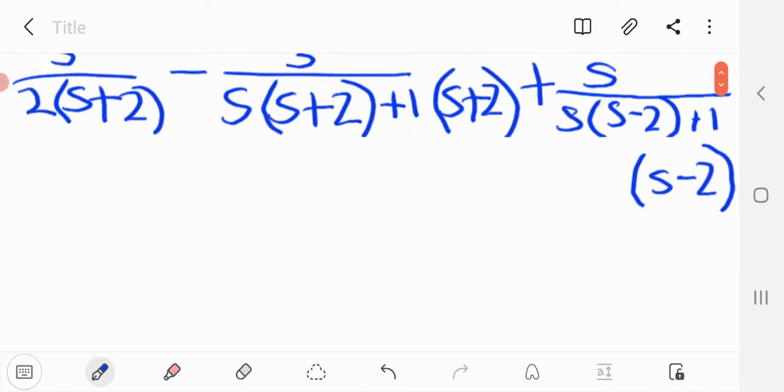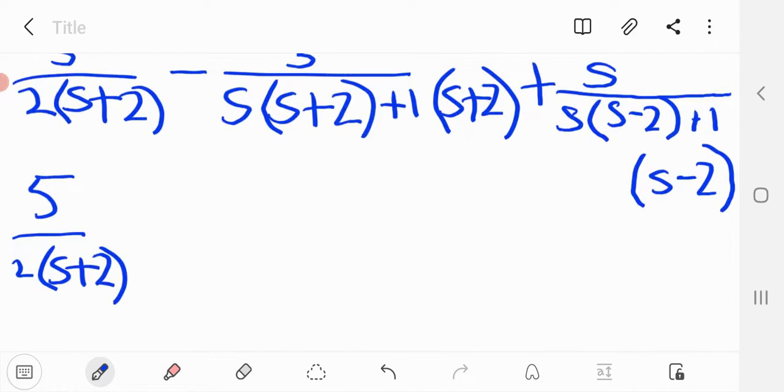So 5 divided by 2 into s plus 2. In this question it is very necessary to write all the quadratic denominators in factorized form, because if they are not converted into factors form, we are not able to find the LCM of common and non-common factors. So before taking the LCM, they should first be converted into factors form.